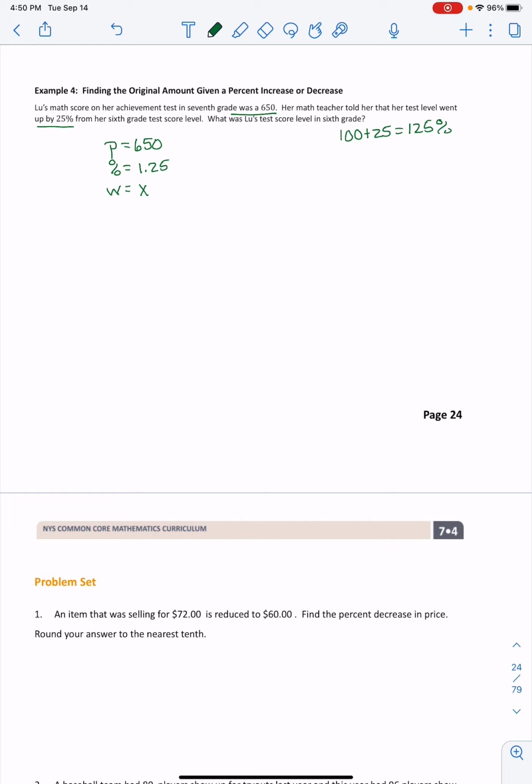So now we would have P equals percent times W. So 650 equals 1.25 times X. So we're going to divide both sides by 1.25.